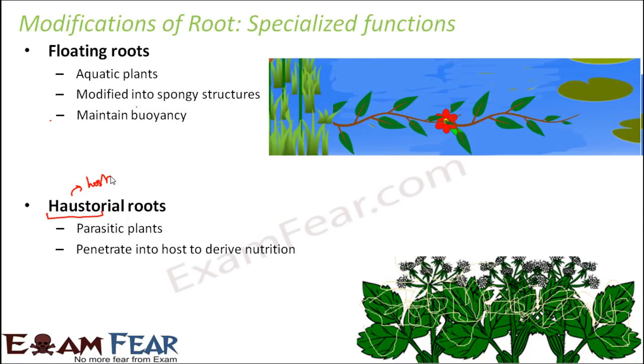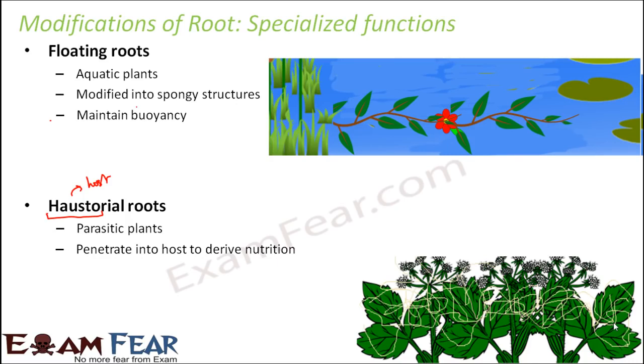One very good example of haustorial root is cuscuta, that is the dodder. Here you can see this green plant which is the host, and here you can see some thread-like yellow structures. What are these? These are the haustorial roots of another plant. It gradually covers this entire plant and keeps on taking nutrition from this green plant, and ultimately it covers the entire green plant.